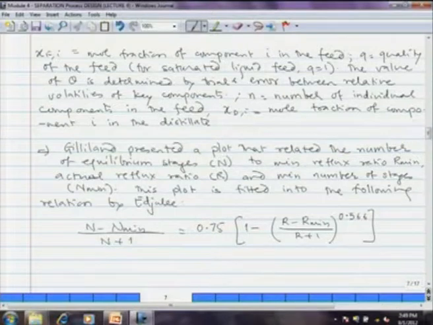Then after determination of R minimum and N minimum, we have to calculate the actual number of plates, but now remember, actual number of theoretical plates, not the actual number of practical plates.